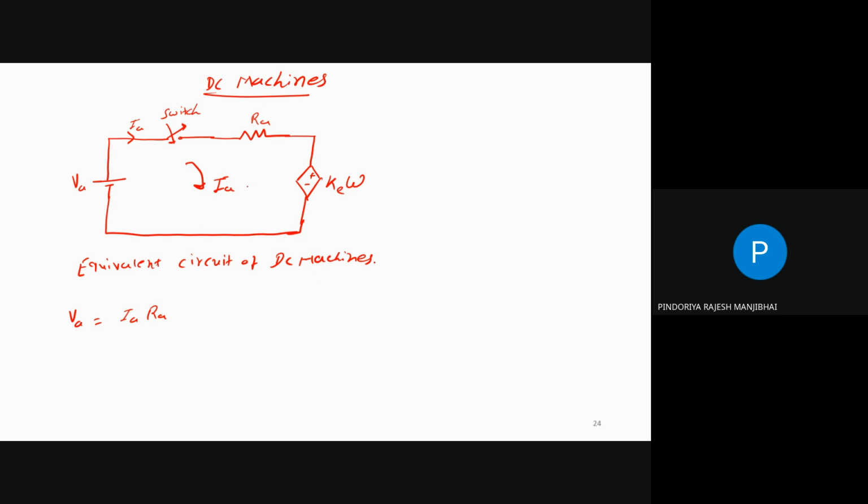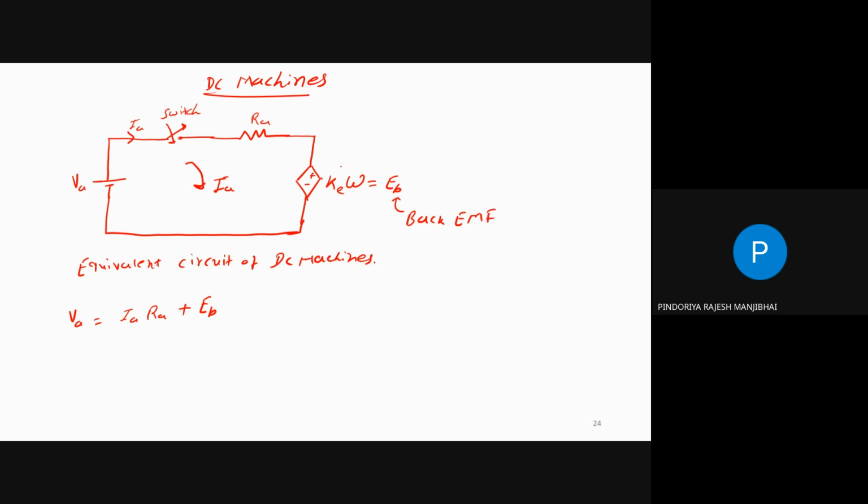So this is your IA, the armature current. IA RA plus your back EMF. Correct? So this is nothing but your back EMF, EB. EB is nothing but your back electromotive force.